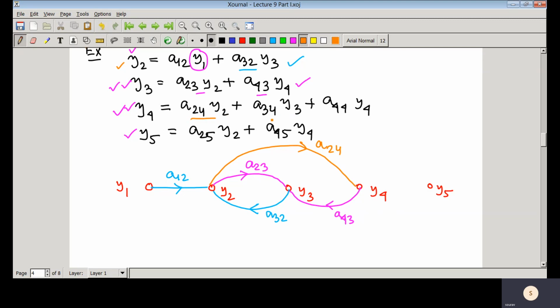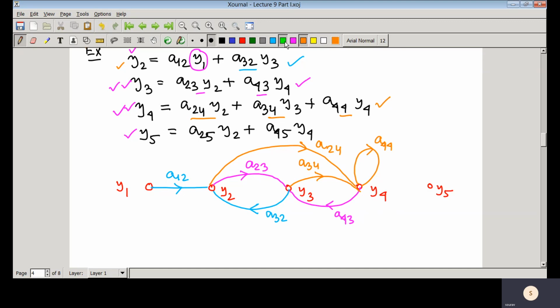The second term is A34 into Y3, so there will be another branch here, that is A34. And the last one is A44 into Y4. That means it has a self loop here, and A44 is that gain. So this particular algebraic equation is represented by that part of the signal flow graph.